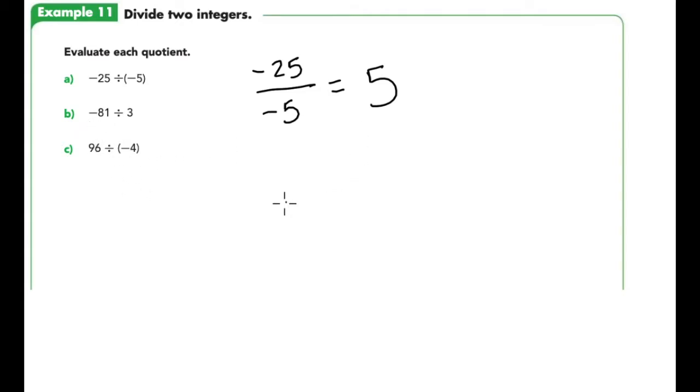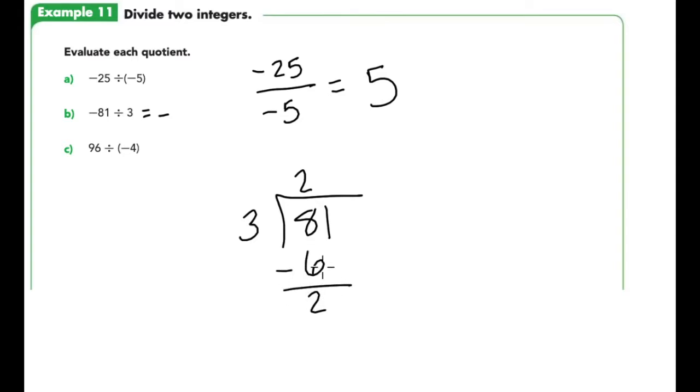For B, we had a negative 81 divided by 3. That is a negative divided by a positive. So the signs are different, which means our answer is going to be a negative. And then we could just divide 81 by 3. And if we're using long division, the first number goes in the box. We know that 3 goes into 8 twice. 2 times 3 is 6.